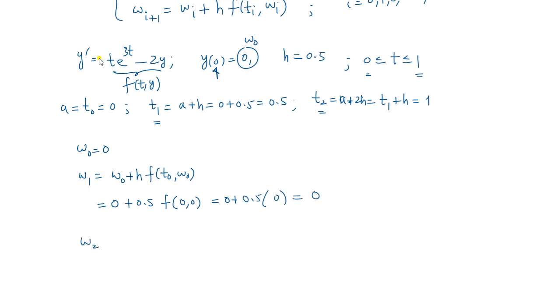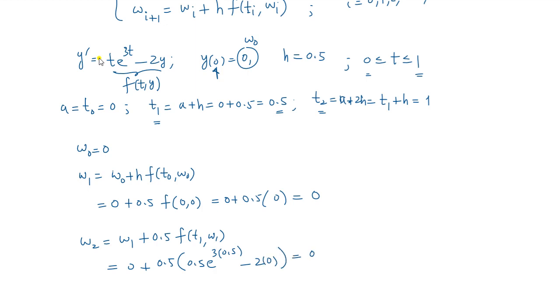But now w2 is w1 plus h f of t1, w1. So w1 is 0 plus h is 0.5. f of t1, w1, where t1 is 0.5, right? So this is t e to the power 3t, which is 0.5 e to the power 1.5, and minus 2 w1. So w1 is 0, so this is gone.